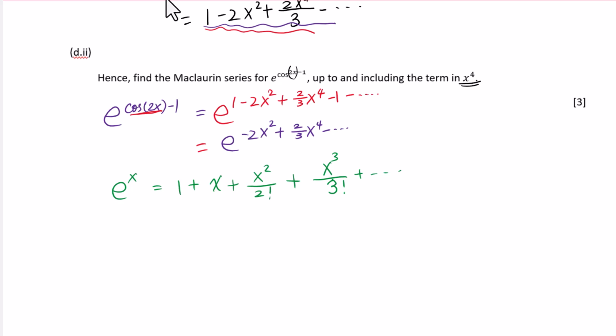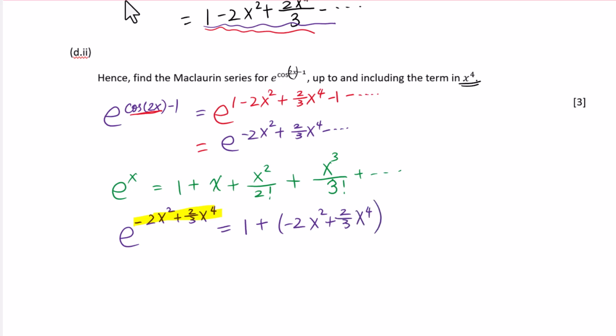Therefore, every single x changes into negative 2x squared plus 2 over 3x to the fourth power, which is 1 plus negative 2x squared plus 2 over 3x to the fourth power plus negative 2x squared plus 2 over 3x to the fourth power, squared over 2, and so on.